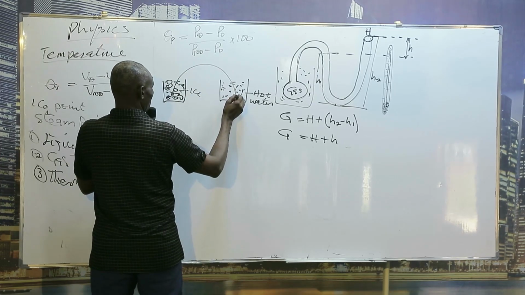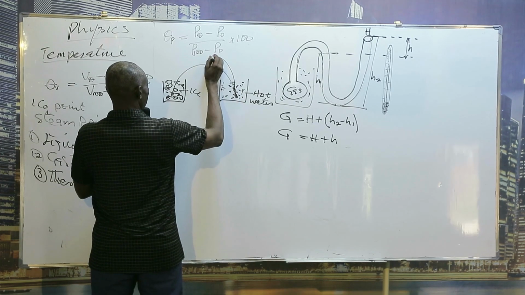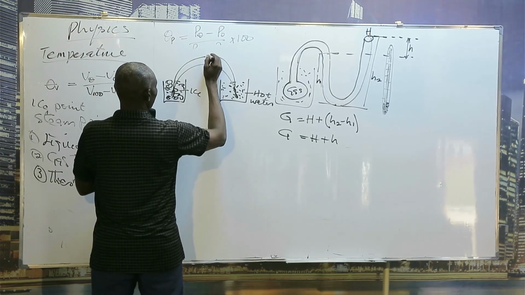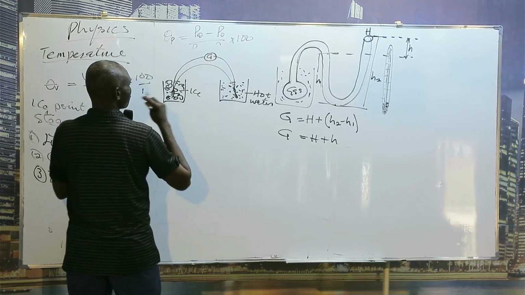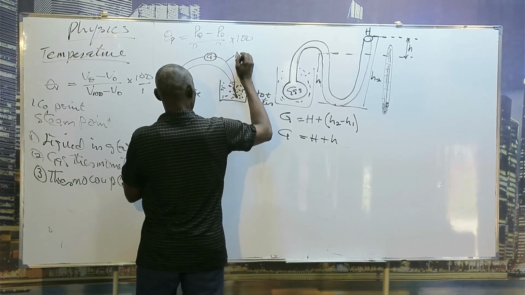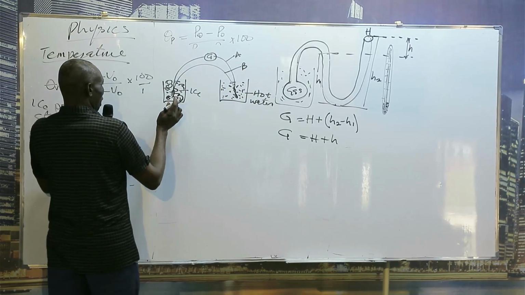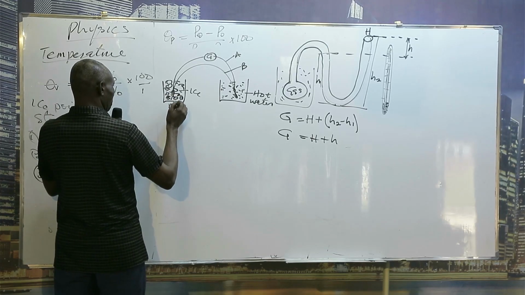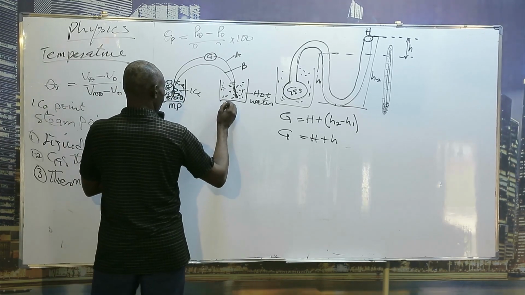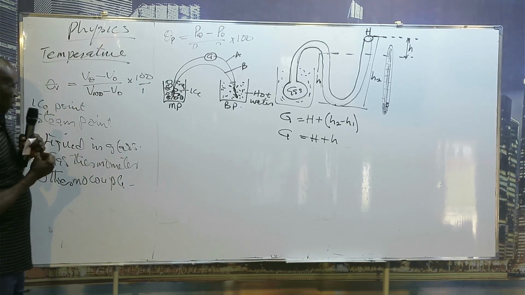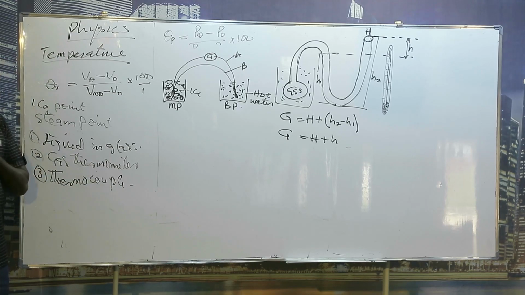So this one, we connected wire across this way to a galvanometer G. This wire A and B, different wires. This place we have ice, we call it melting point. Here we call it boiling point. So this is the thermometer known as thermocouple.